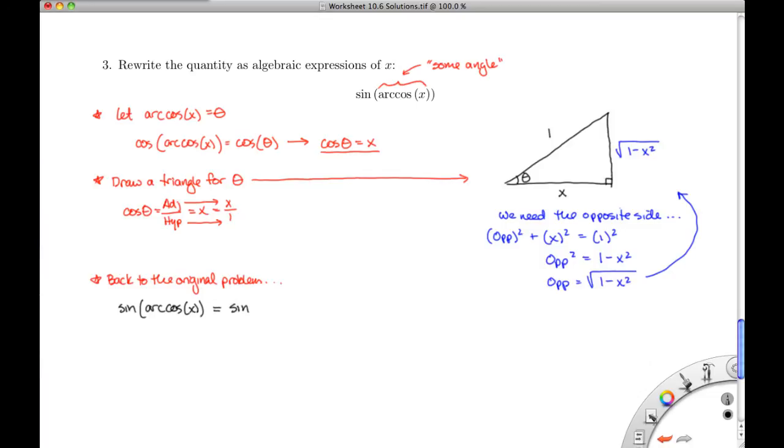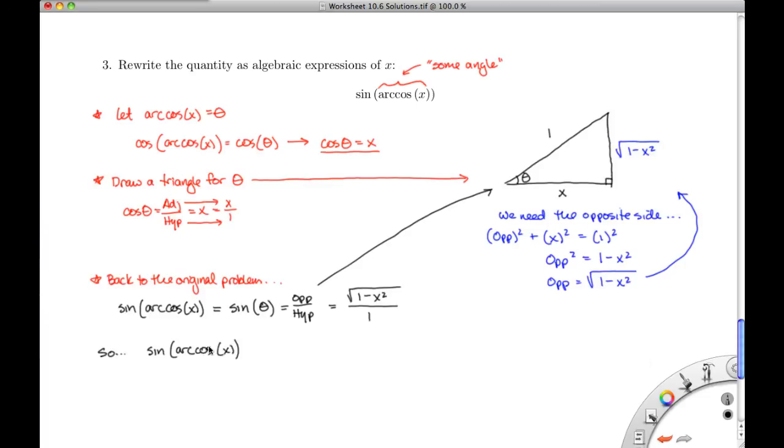So now we've got the sine of this angle theta. And we know that the sine of theta for any right triangle is the ratio between the opposite side and the hypotenuse, which we now have a triangle for. And the opposite side is the square root of 1 minus x squared. The hypotenuse is 1.